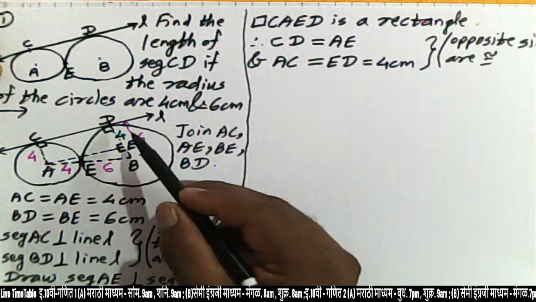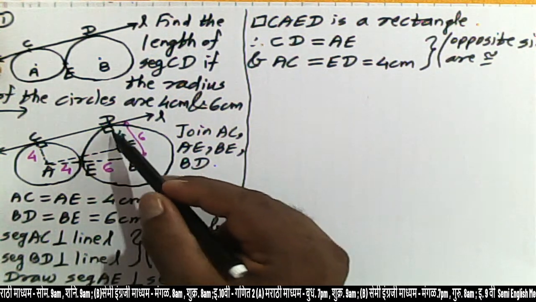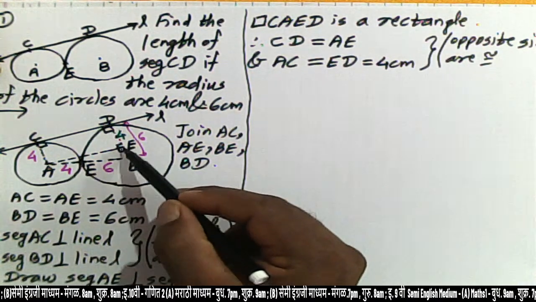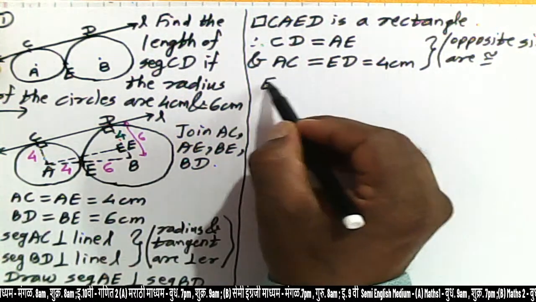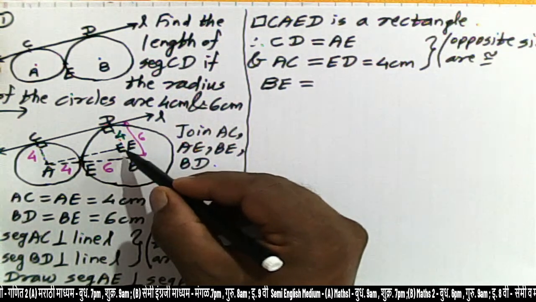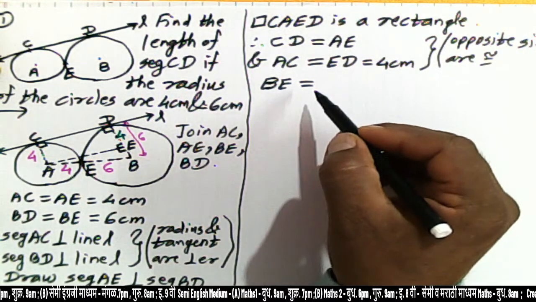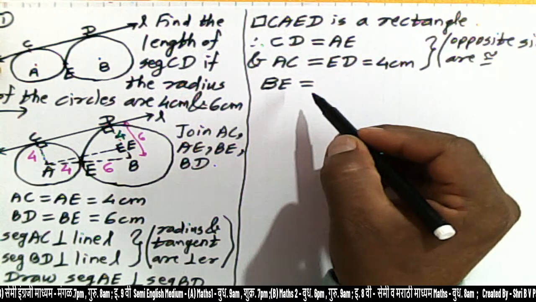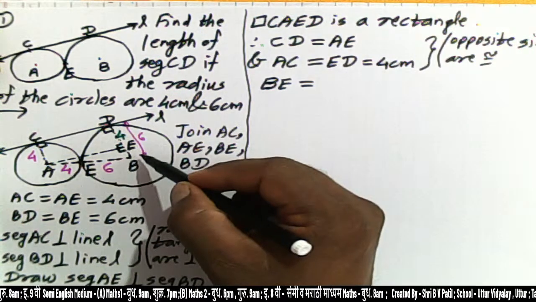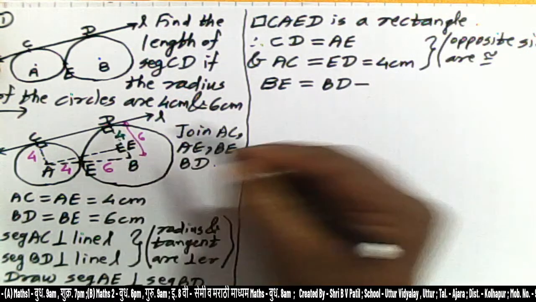Then this big segment is 6 centimeter and the small segment ED is 4 centimeter. Then the remaining segment EB we can find. BE is equal to, what is the method for finding BE? Yes, BE is found by big segment BD minus small segment ED.